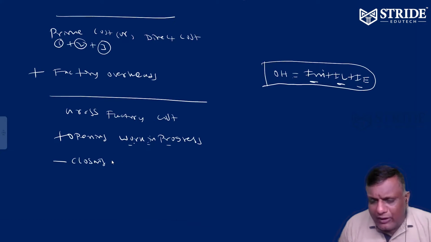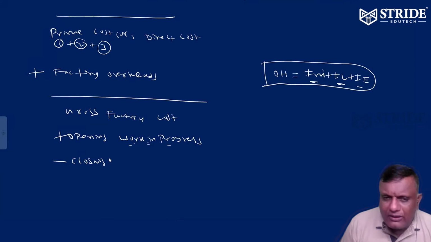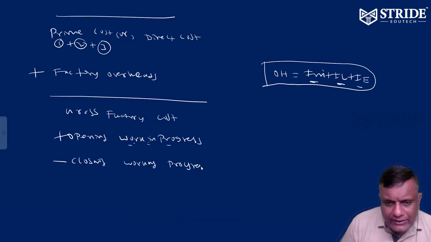Opening and closing WIP normally are for a period, maybe a week, a month, or some product. Once the product is completed today evening, it closes, and tomorrow morning it starts. So closing and opening normally happen. Opening WIP minus closing work in progress, the amount will be given, please adjust.